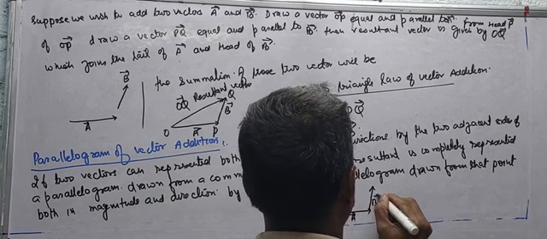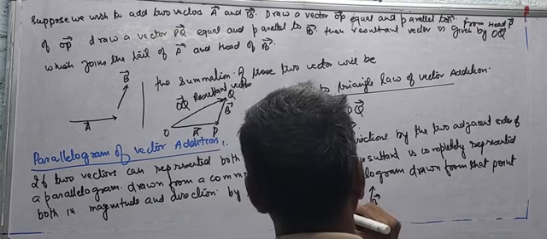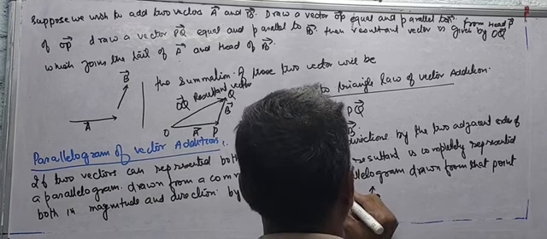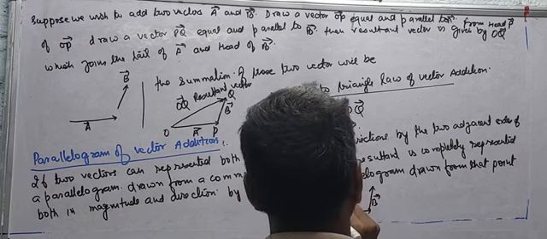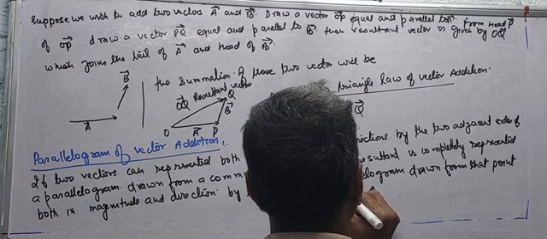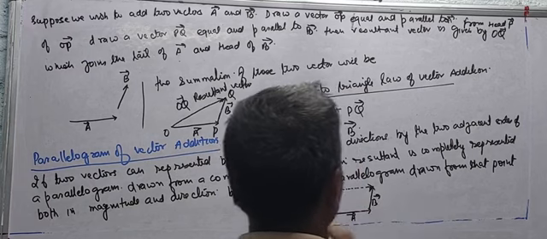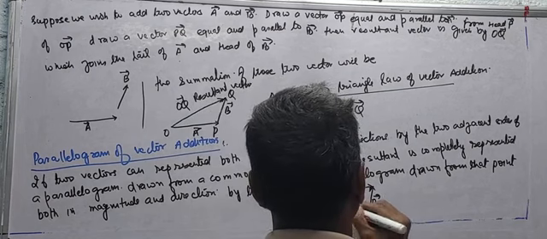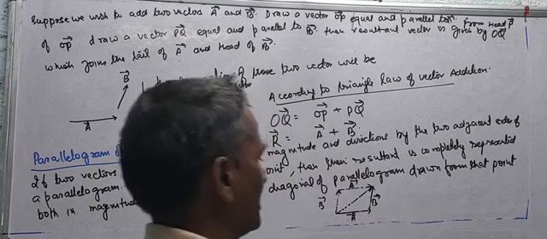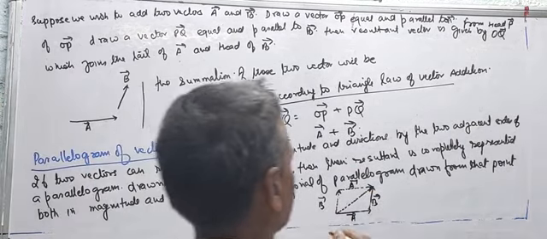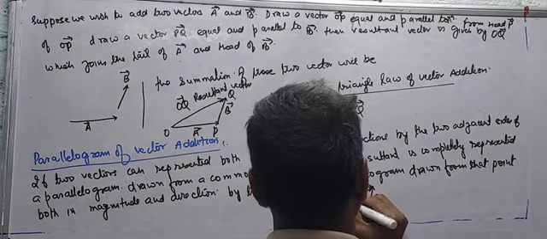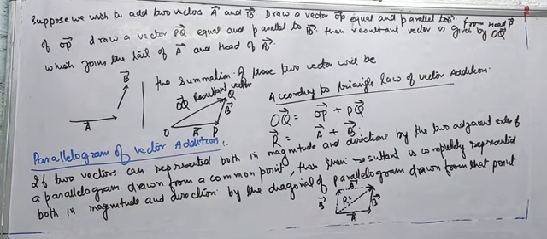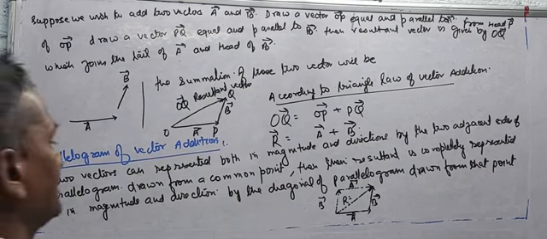From the tail of vector A, this is B vector, and from the head of vector B, the second vector is drawn. From the tail of vector A to the head of vector B, this is the resultant vector.